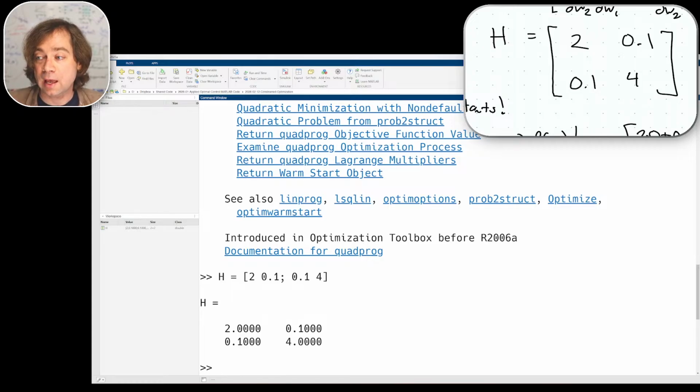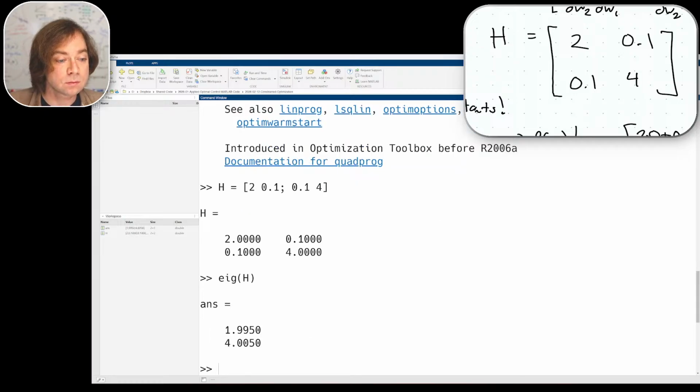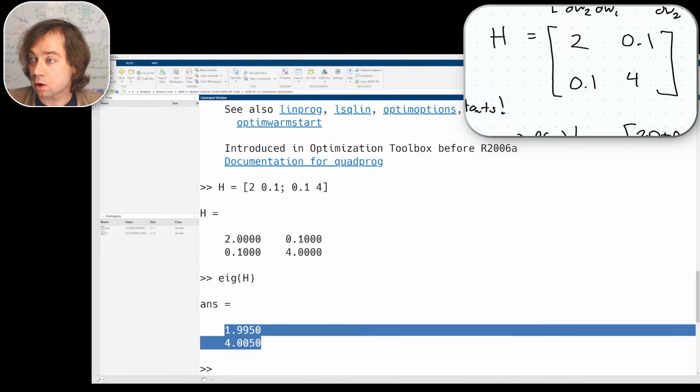We need to know if that Hessian is positive definite. Well, we can check by checking the eigenvalues of H. And look, the real components are all positive. And here's the thing, because it's a symmetric matrix, this is a linear algebra thing, there will never be any imaginary components of a symmetric matrix. So if these are positive, you're good. They're positive, they're good.